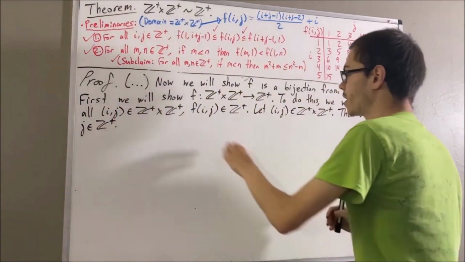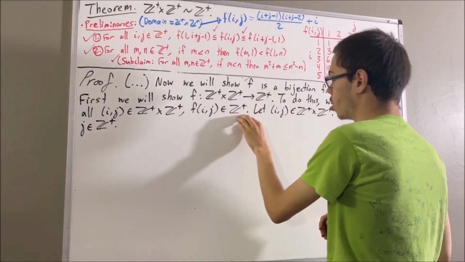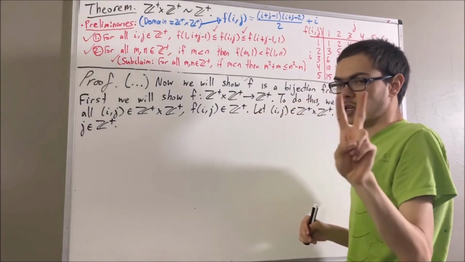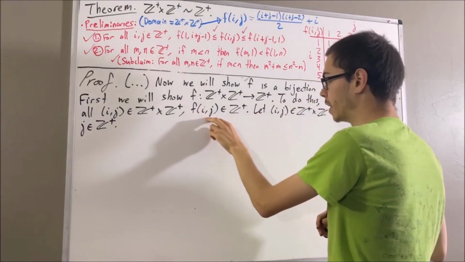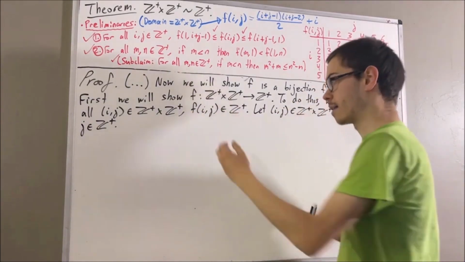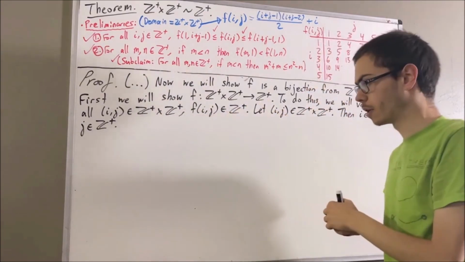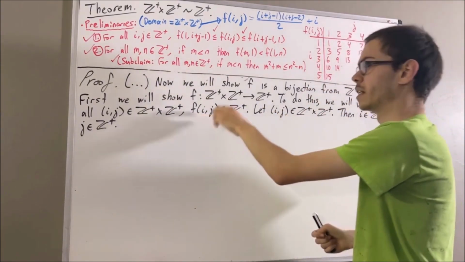To show that f of i comma j is a positive integer, we're going to divide it into two parts. We're going to show that f of i comma j is an integer and that f of i comma j is positive. Let's first show that f of i comma j is an integer.